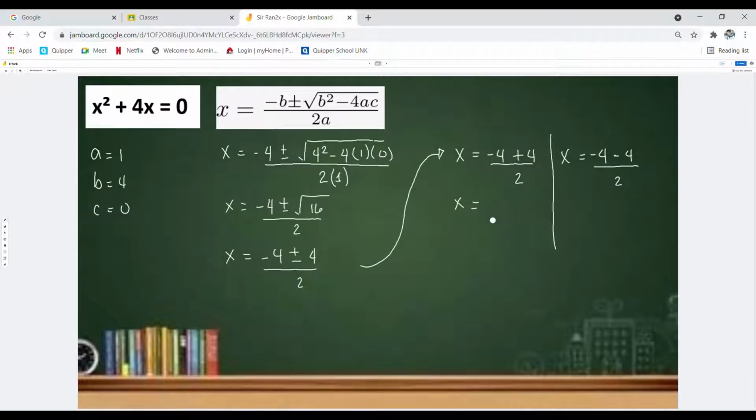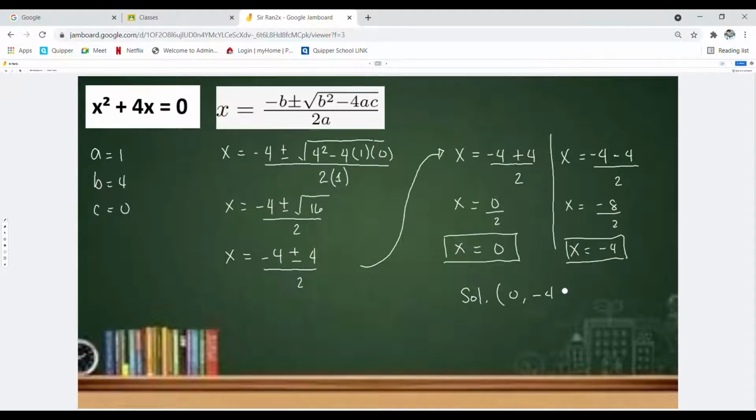Negative 4 plus 4 is 0, and 0 over 2 is 0. 0 divided by a number is fine. We box that as our first x. On the other side, it becomes negative 8, putting together the two negative 4s, over 2. Therefore x is negative 4. So you have 2 x's. Your solution or roots are 0 and negative 4.